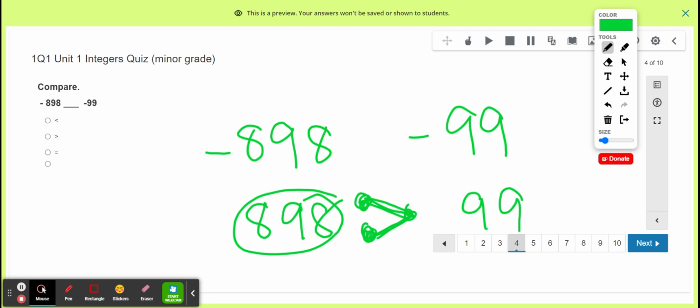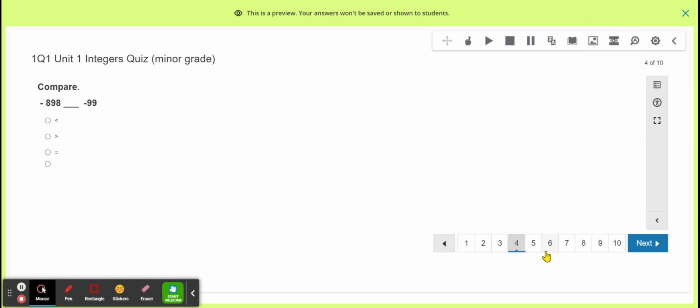Well, in the negative it's going to be the opposite of positive. -99 is closer to 0 and closer to the positive side, and -898 is going to be lesser. So this one is actually going to be the greater one. -99 is greater than -898. So when you're looking at the negatives, they're the opposite of what you would write for the positives.